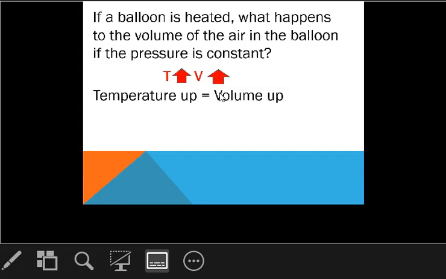Vice versa, temperature down, volume down. It works that way for pressures as well. Temperature up, pressure up. Temperature down, pressure down. That's why when you have a temperature in your problem, I say whatever T says, that's temperature, the other variable does it.